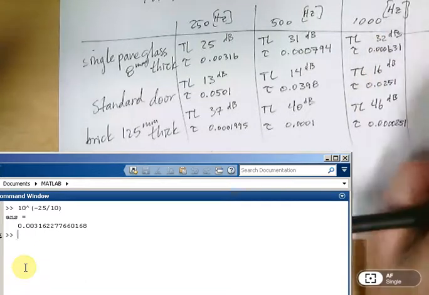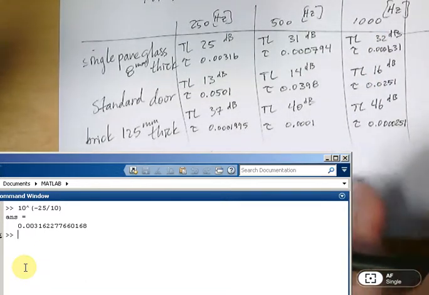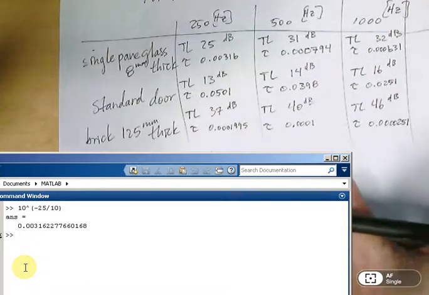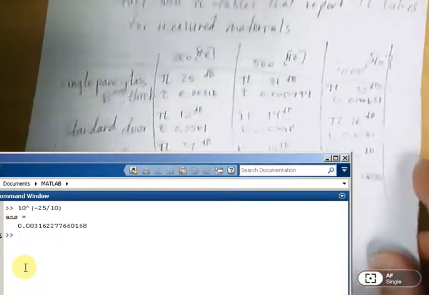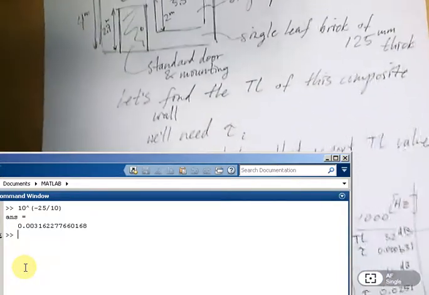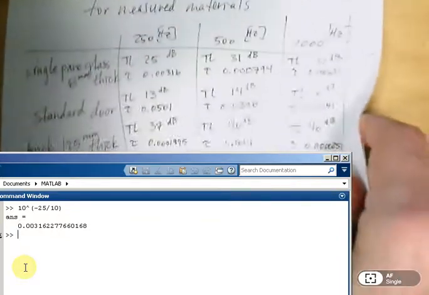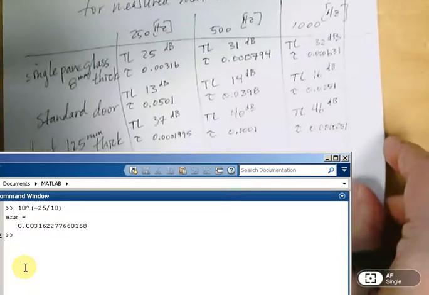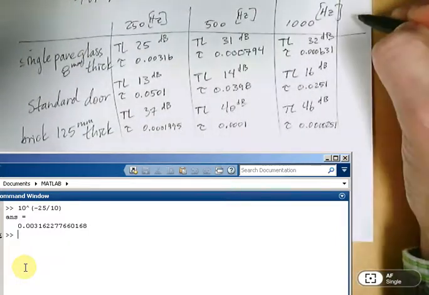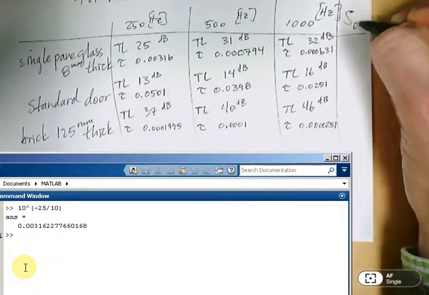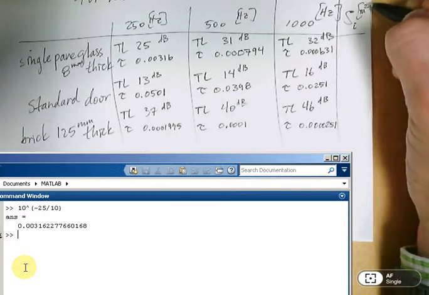So the other thing that we need to compute the overall transmission loss of this composite surface are the composite surface areas. So this last column will be our S sub i in meters squared.